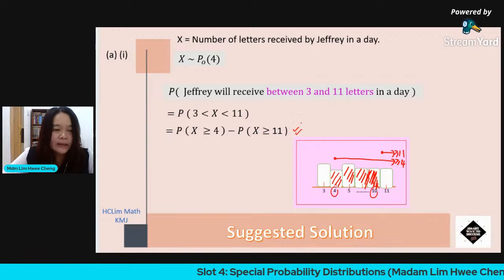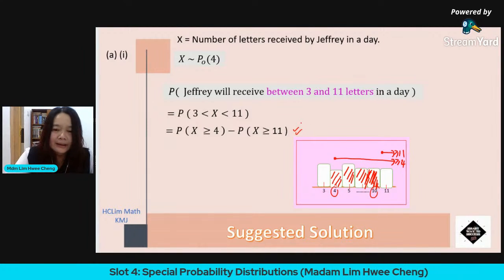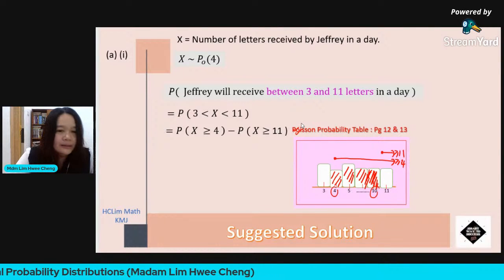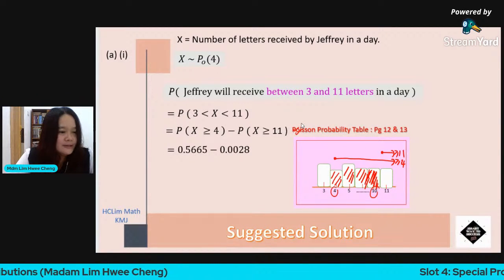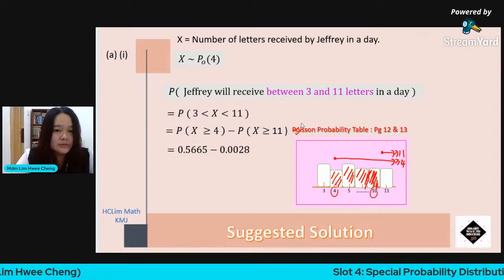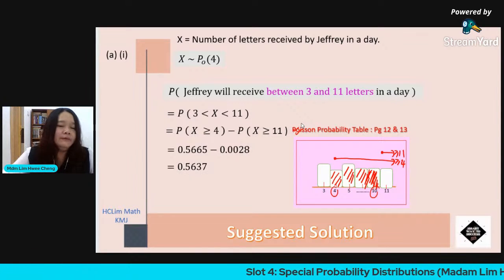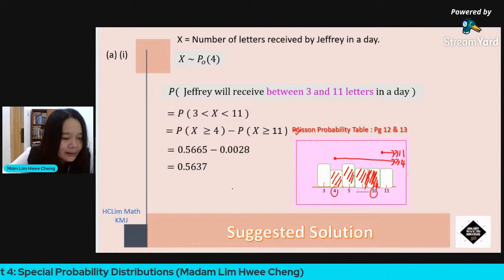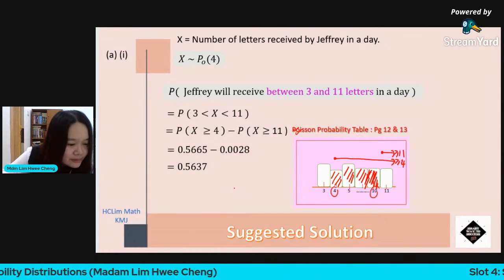Kalau tidak, you don't know where to read, how to read. So you read from the table. You have 0.5665 subtract with 0.0028 here. So we have 0.5673.